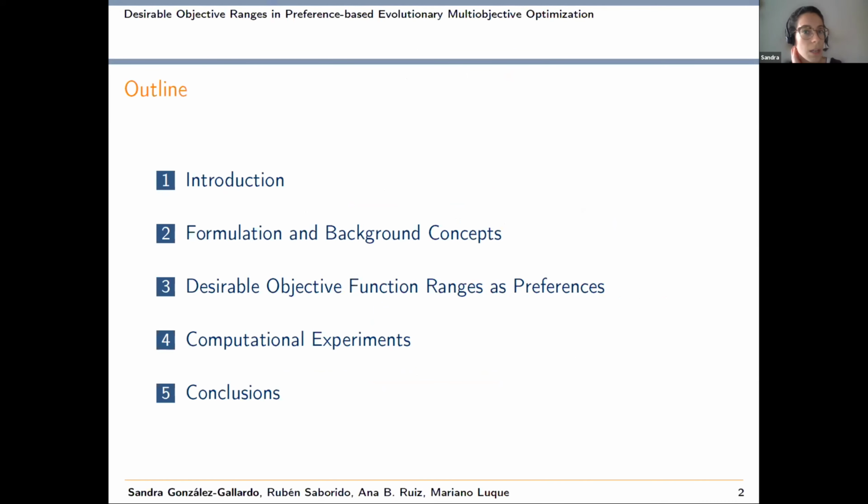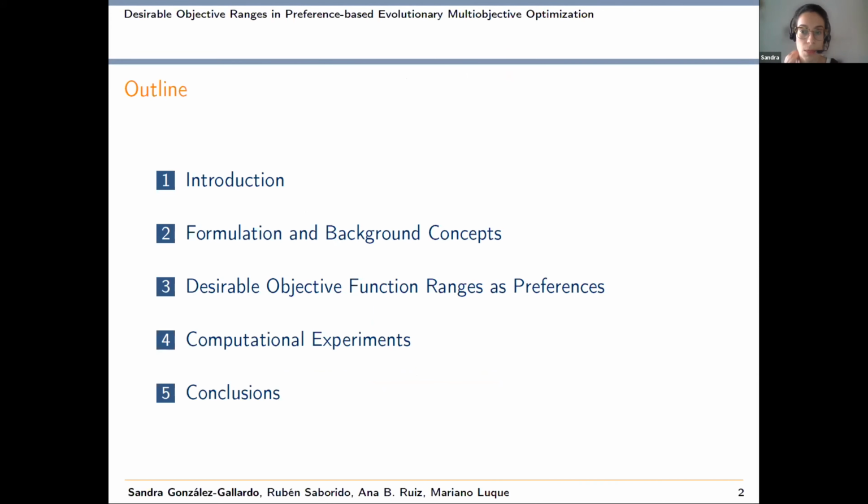Firstly, I will briefly introduce the multi-objective optimization field and the motivation to propose a new preference-based evolutionary multi-objective optimization algorithm. Then, in section number 2, I will describe some basic concepts and notation about this field.